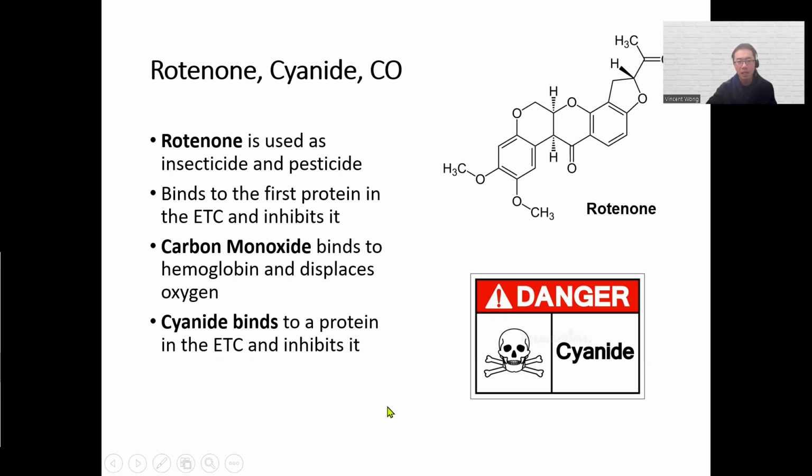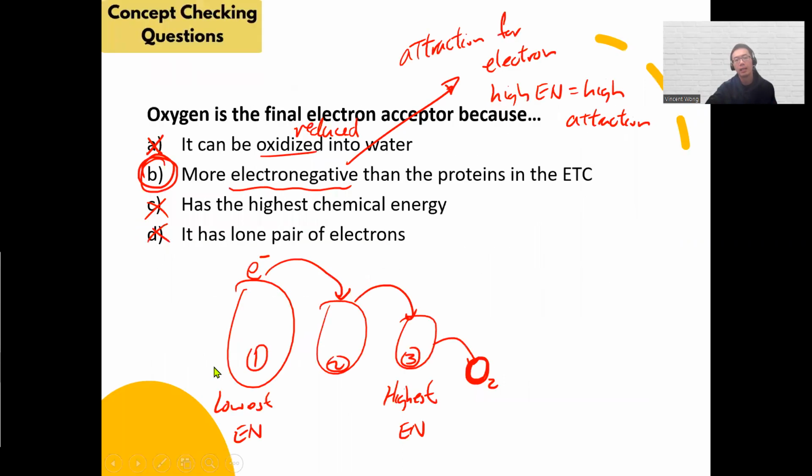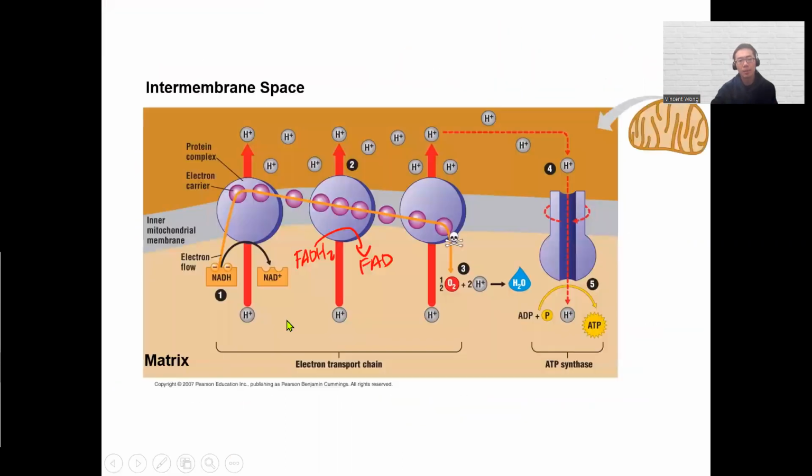So there's a common theme here, right? Basically, whether it's the rotenone, the carbon monoxide, or the cyanide, they all disrupt the ETC by inhibiting the proteins.